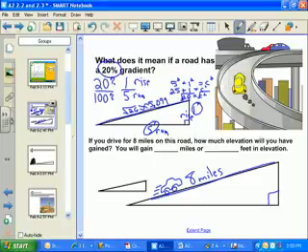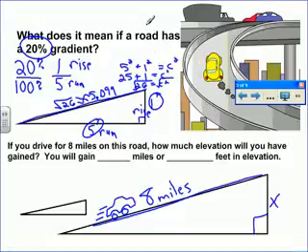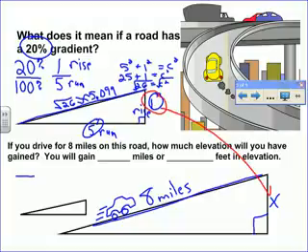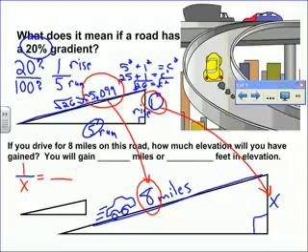Now we look down here, 8 miles. We're trying to figure out our rise, so I'll call that x. We'll write a proportion, writing ratios with the corresponding parts of those triangles.